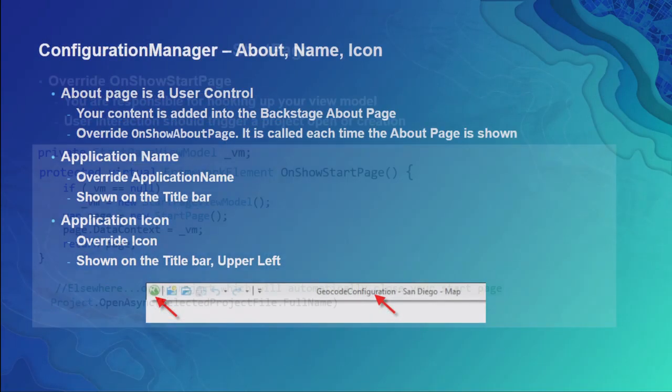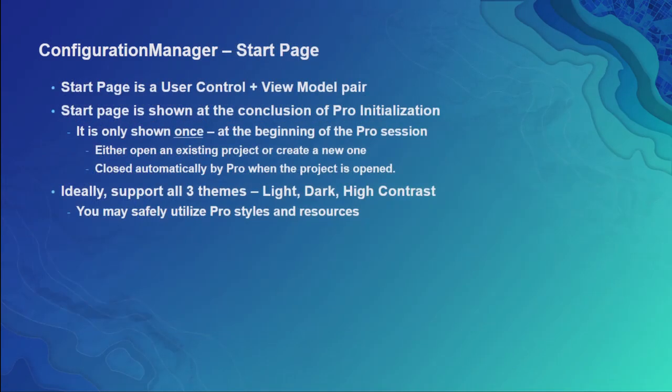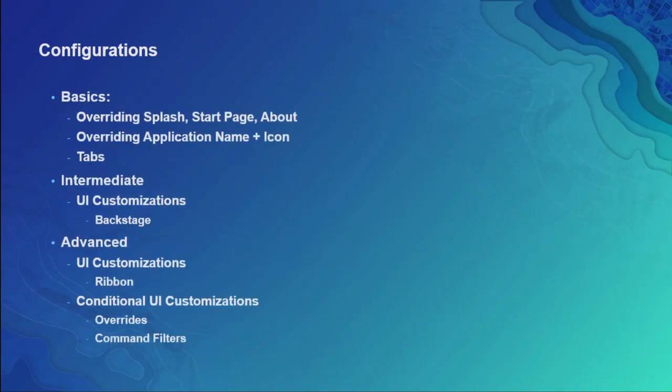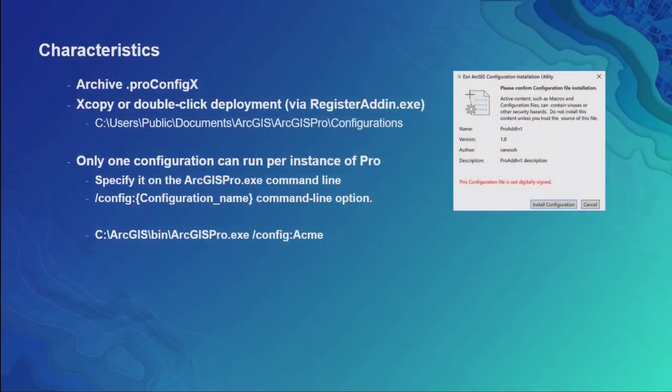Remember that there's only one configuration that can be run, and that configuration may well interact with 10 add-ins. So, add-ins are per user, and obviously all of the add-ins that are on your machine can be loaded, whereas your configurations, you're running one.